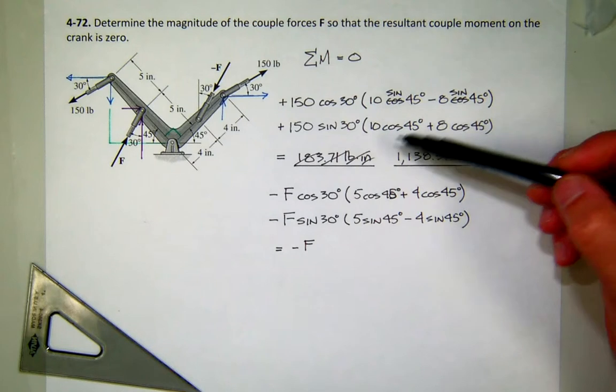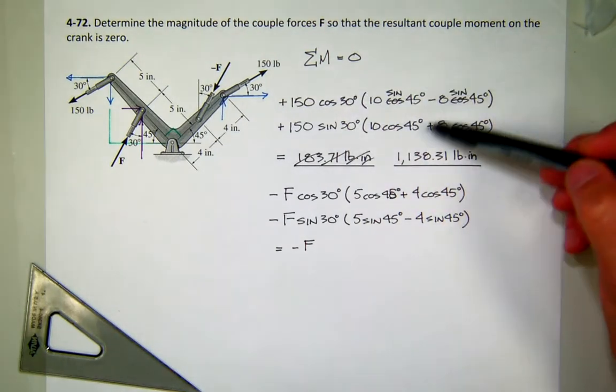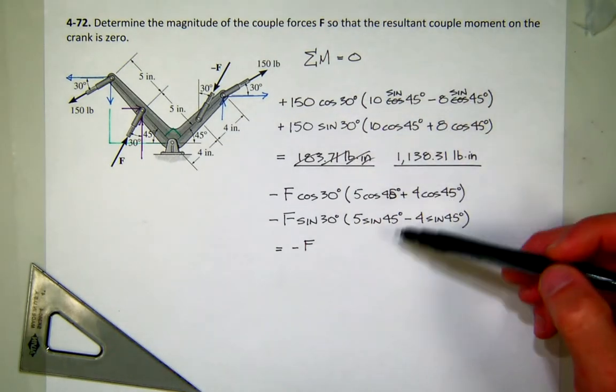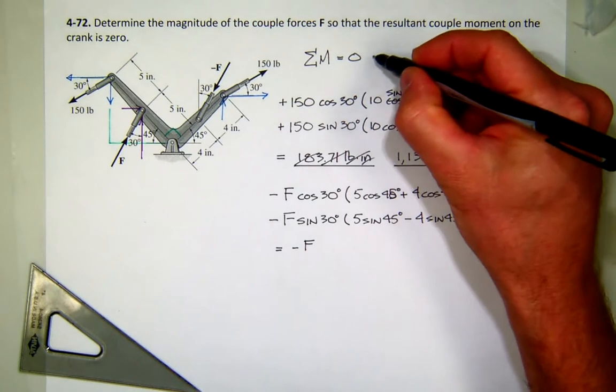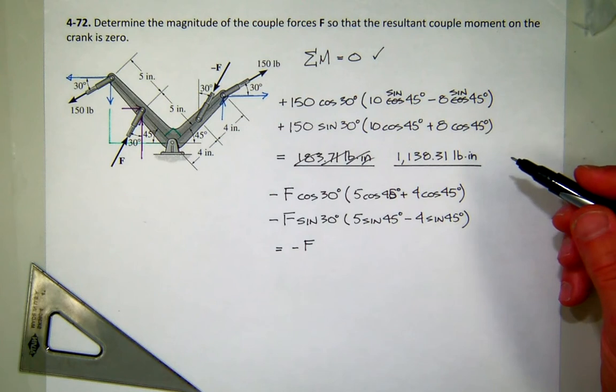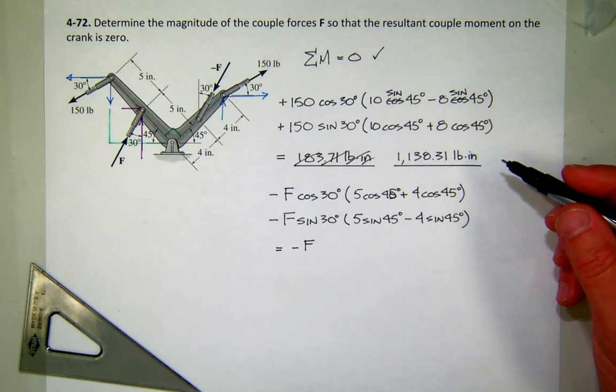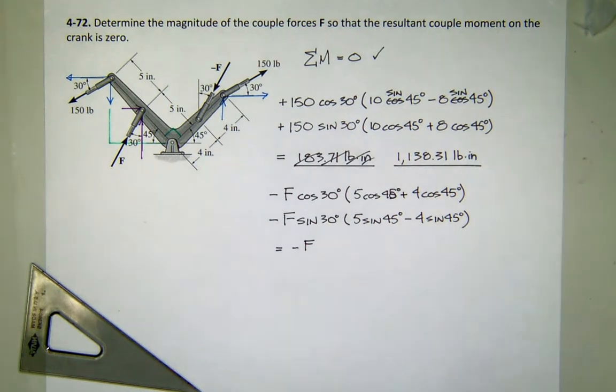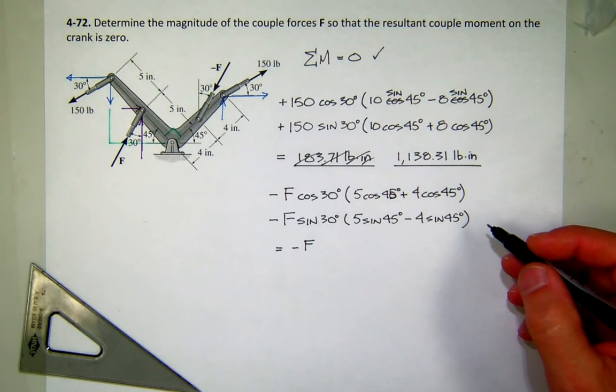Remember, the basic idea is just to find the moment from the first set, the moment from the second set, and make sure that they balance. So conceptually, it's straightforward, it's just a geometry issue. There's probably a cleverer way to do the geometry than the way I did it. Hopefully it'll work out.